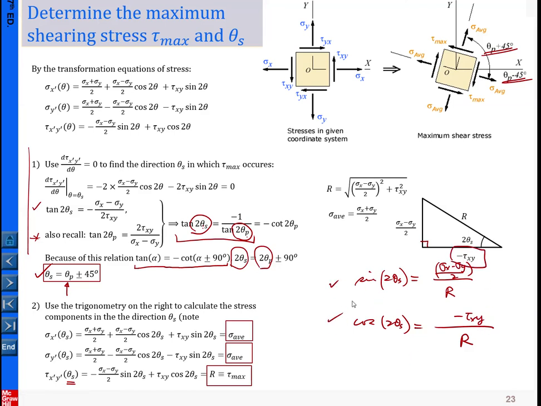Plugging these two values into each of these terms, you quickly come up with this result. The maximum shear stress is equal to r, this value here. Those are the boxed formulas.